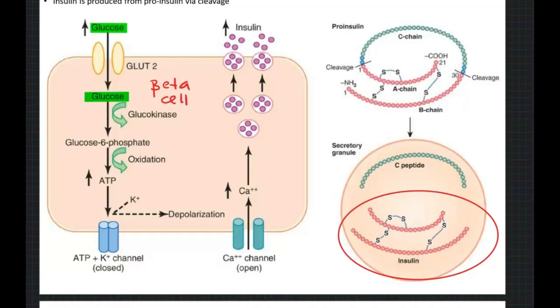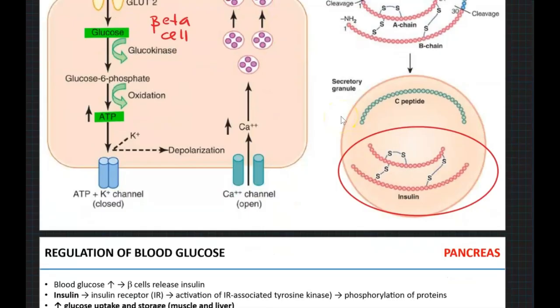Increased glucose levels result in the increased intensity of glucose breakdown. Basically, glycolysis, Krebs cycle, electron transport chain, and all of this leads to elevated levels of ATP. And in this case, ATP serves as the negative ligand for potassium channels.